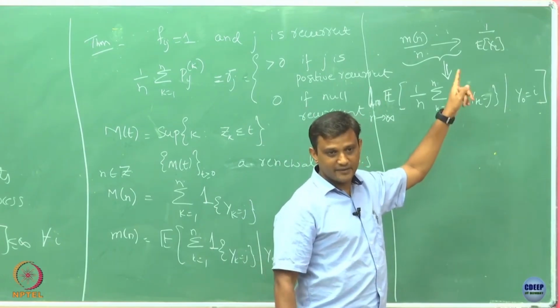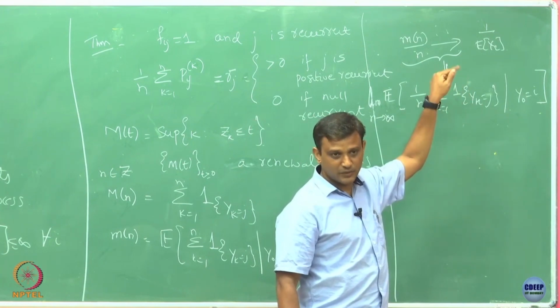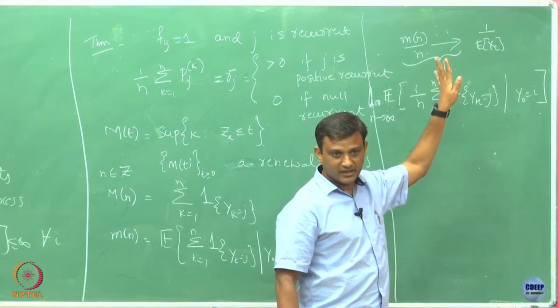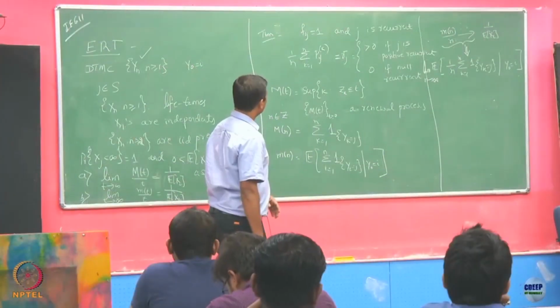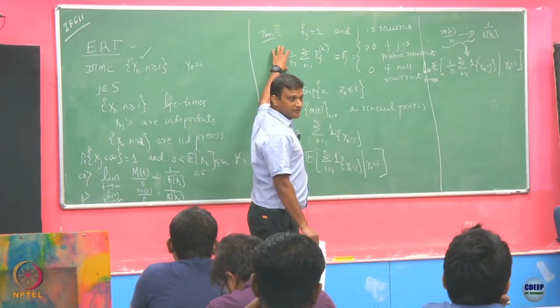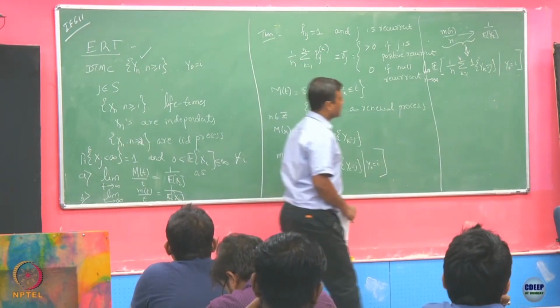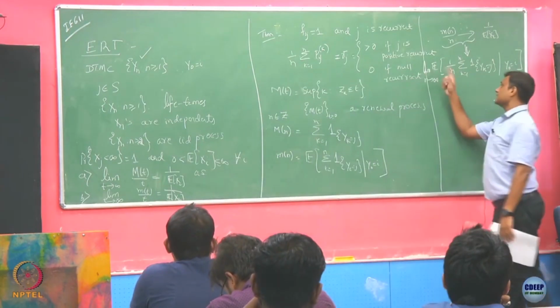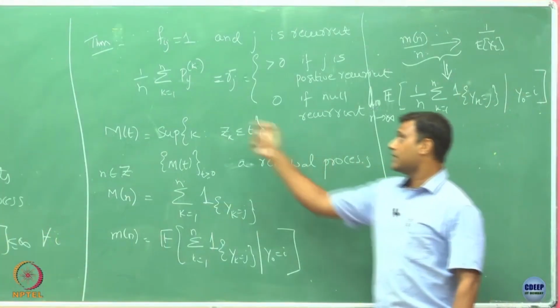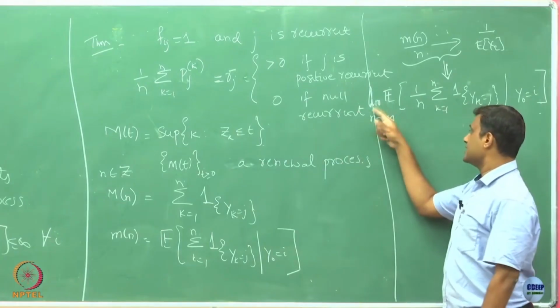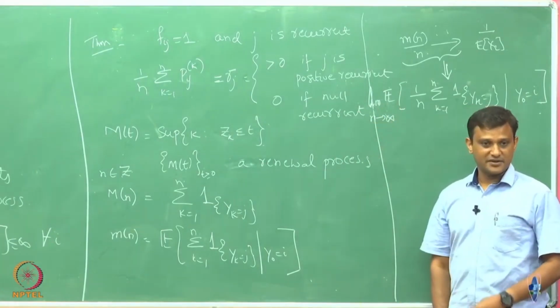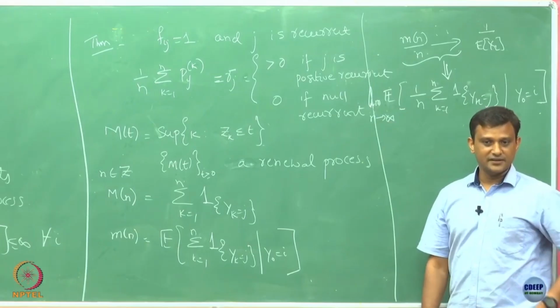Is that the same as saying P_ij superscript k, right? Then you see that you will end up with something very similar to what we have here. Okay, so before that, how can I interchange this? When can I interchange expectation and limit here? Can I do that here?